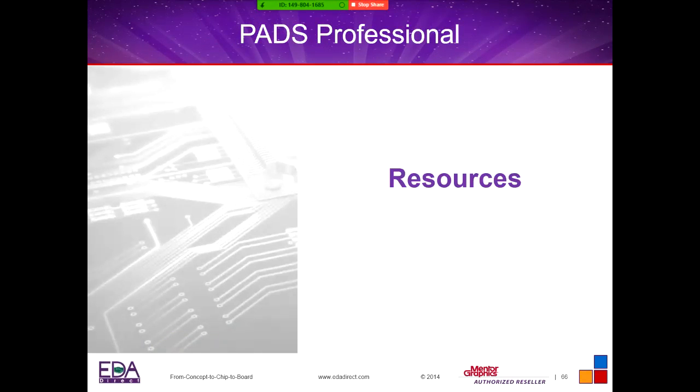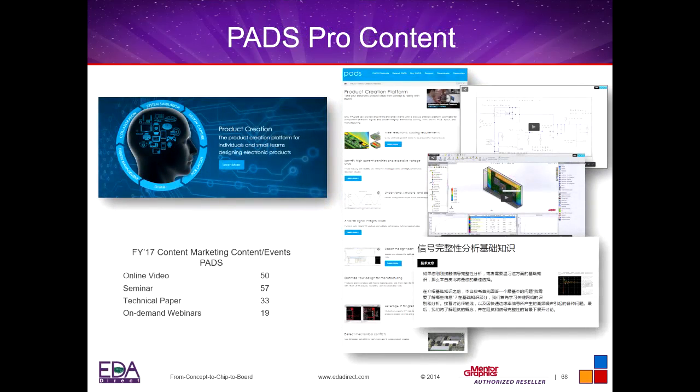And one thing I like to do is give a lot of information so that you can, at your leisure, go in and look at videos and check out a lot of information. So I like to let everybody know where the resource information is. You'll notice that we've got a lot of content on pads.com, where you can get white papers, technical papers, data sheets, everything.